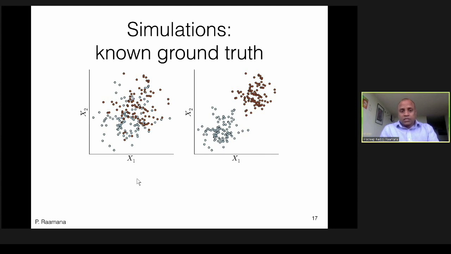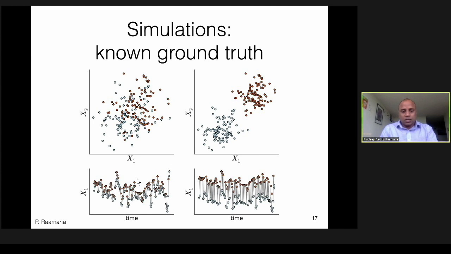On the left, there is some overlap between two groups, whereas on the right they are fully separate, right? So we have some well-grounded estimates of what we should expect in these two cases. We also add time here to make them similar to the fMRI data sets.